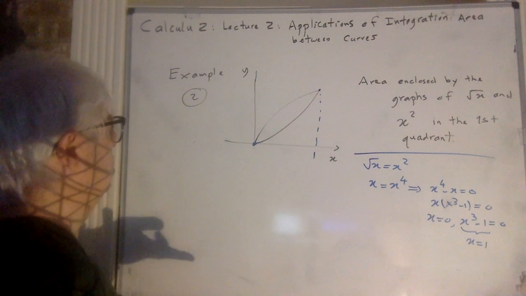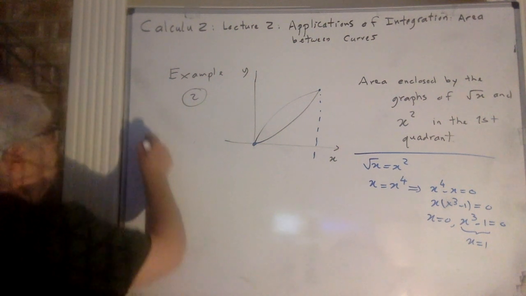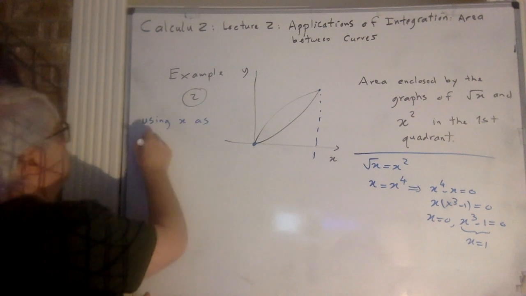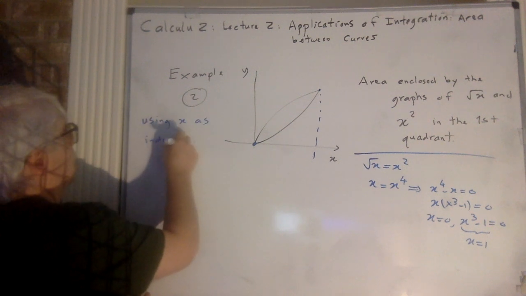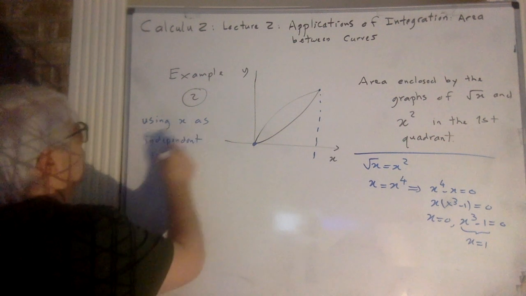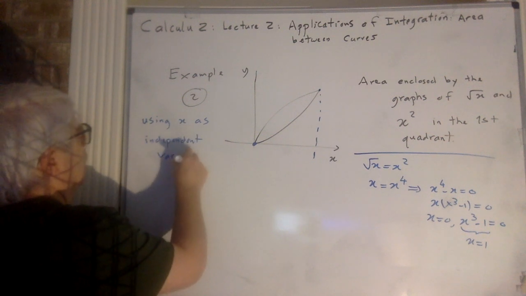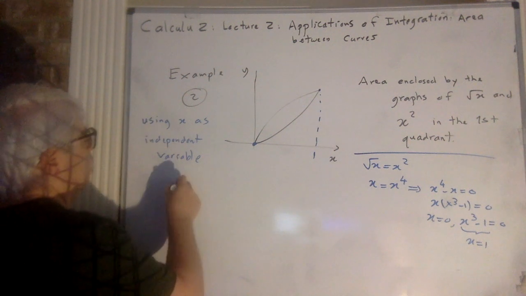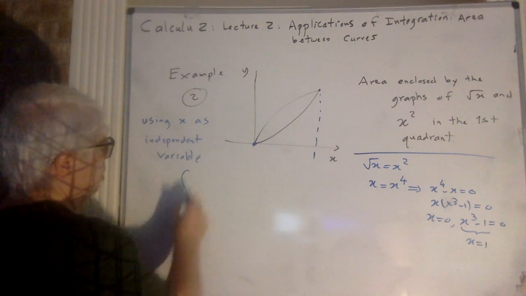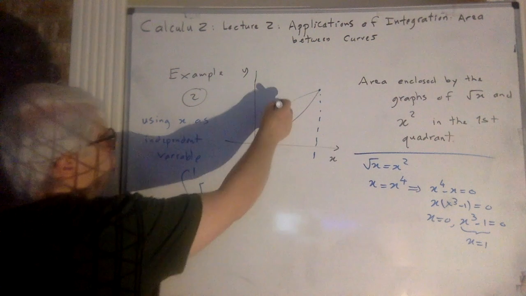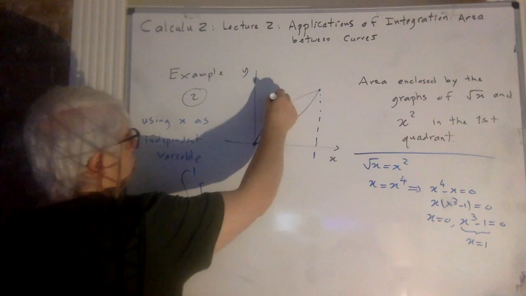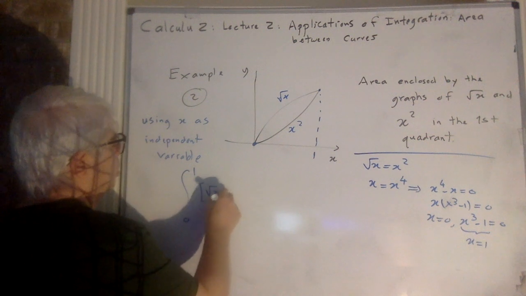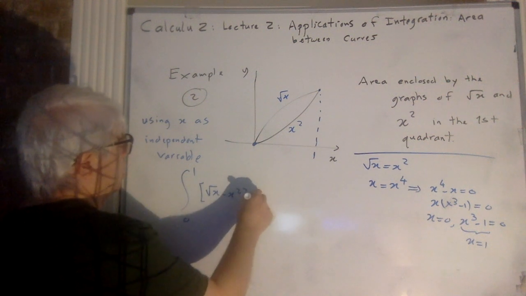Okay, so let's do it using x as the independent variable. If I use x as independent variable, I have the integral from 0 to 1. The top one is square root of x, and the bottom one is x squared, so square root of x minus x squared dx.